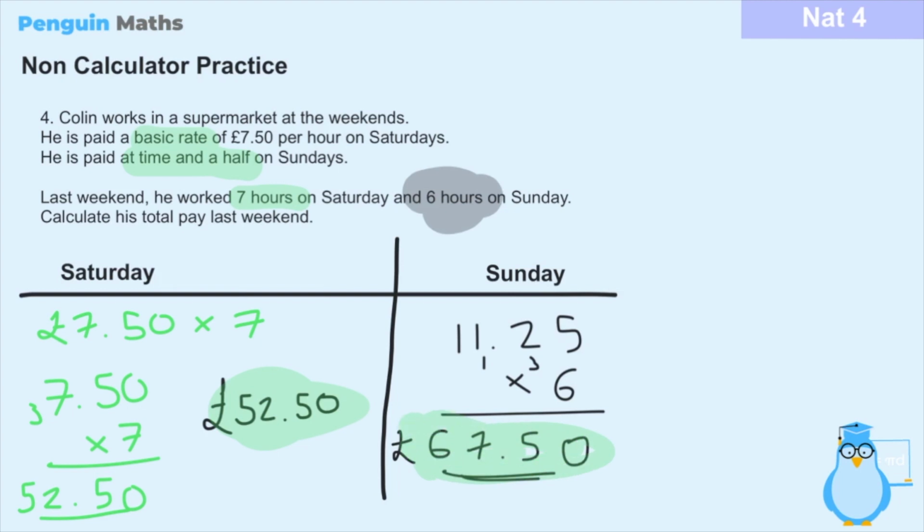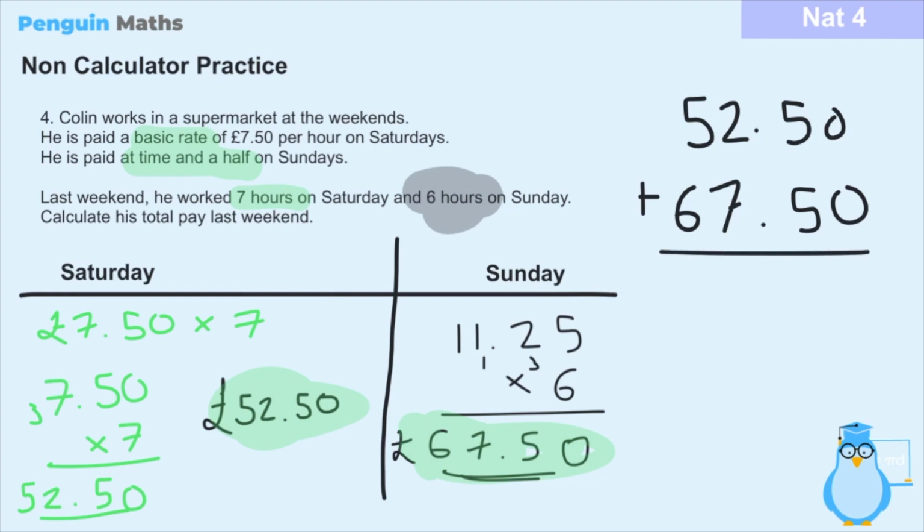And then finally what we have to do now is add the Sunday pay to the Saturday pay to get the total pay for the weekend. So we have £52.50 plus £67.50, and then doing this we have a 0. 5 plus 5 is 10, so put the 0 down, carry the 1.